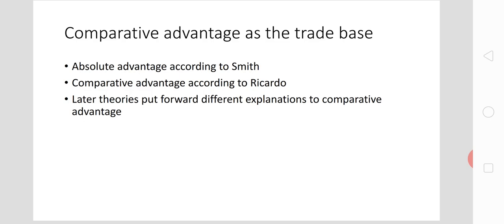But later theories, even though they recognized comparative advantage as the basis of trade, what determines the comparative advantage is a point of discussion among the later economists. According to Haberler, it is differences in opportunity cost that make the comparative advantage.